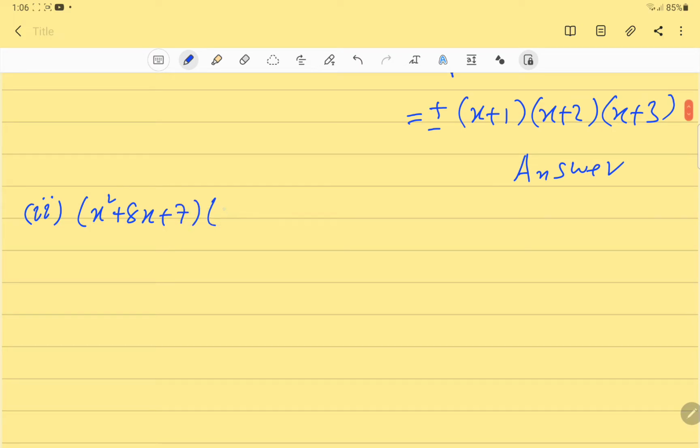The second bracket is 2x squared minus x minus 3, and in the third bracket 2x squared plus 11x minus 21. Okay, again like the first question, we will factorize all these brackets individually within the bracket. So let's get on with it.